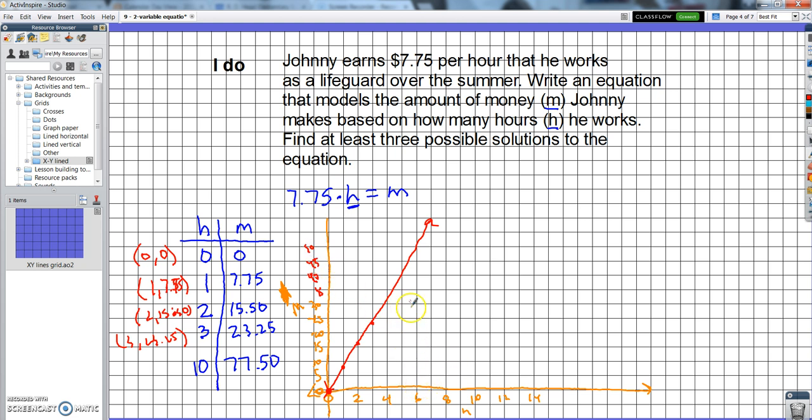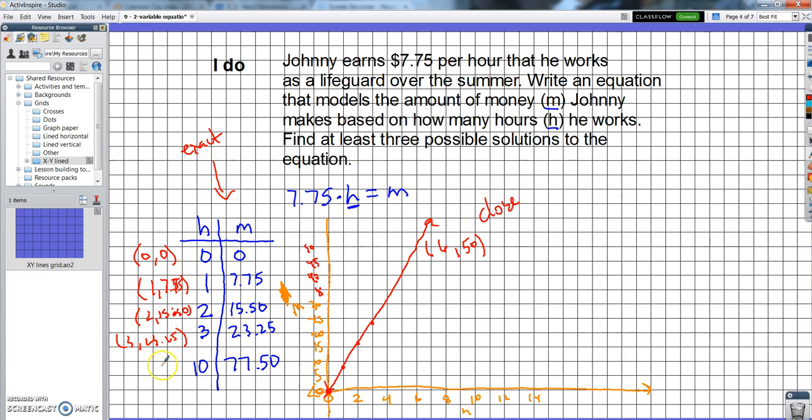And if I go to 6 hours, looks like he's pretty close to $50 if I wanted to check. So I'm estimating at least 6 hours, $50 is probably an ordered pair. I could get a calculator and check what it would be exactly, but that's going to be pretty close. If you want to know exactly, this is going to be your better strategy, but this is pretty close too.